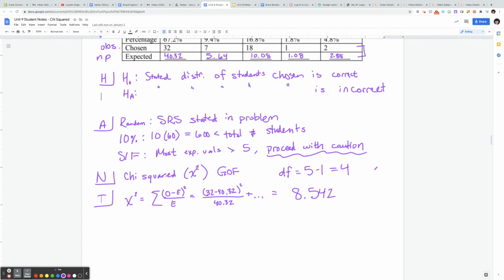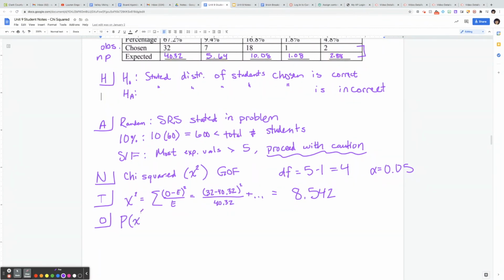Oh, and one other thing I forgot to do here is set my alpha value. I'm going to set my alpha value at 0.05 because they did not give me a specific alpha value to use. Remember, O stands for obtain p-value. You've already got that because your calculator spit it out when you ran your chi-squared test.